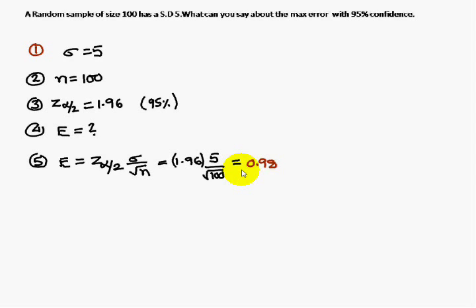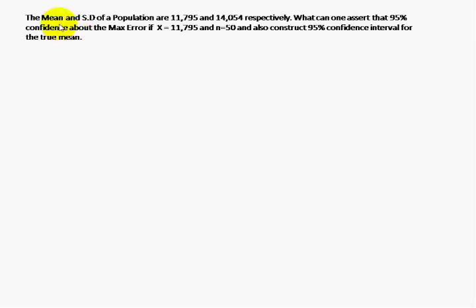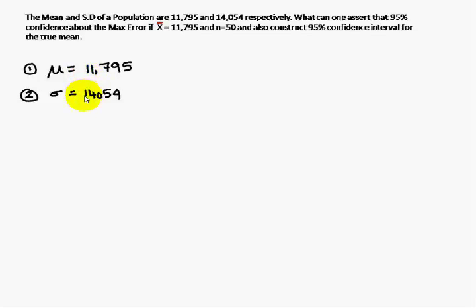Today we are going to discuss a sampling distribution problem. The mean and standard deviation of a population are given. What can one assert with 95% confidence; we have to find the confidence interval. What he has given is mu 11,795, standard deviation 14,054, and sample size 50.